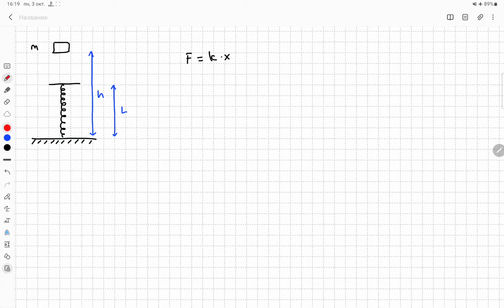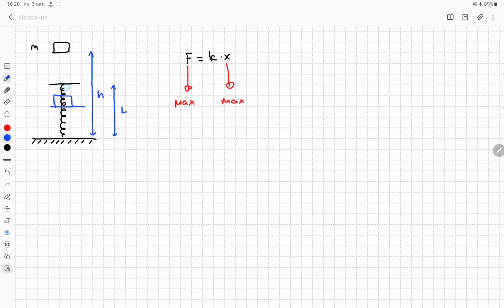So as you see here, this force can be maximum only in one case, if we have a maximum compression. So maximum compression happens when this object stops its motion, when its velocity becomes zero. So let's say it's somewhere here. At the beginning, when you release this object, it will start accelerating downward.